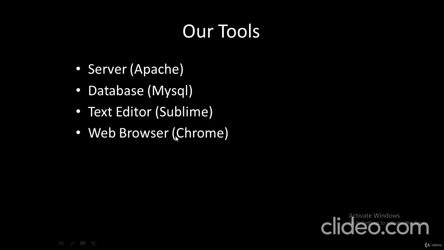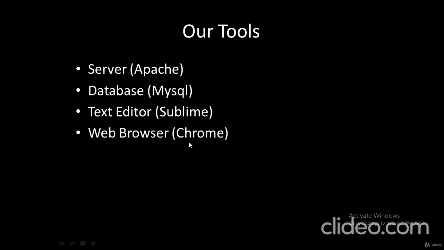And the tools we're working with in this course, it's going to be four tools. The first thing is the server, which is going to be the Apache server. And the database, which is going to be MySQL, the text editor, which is Sublime, and the web browser.